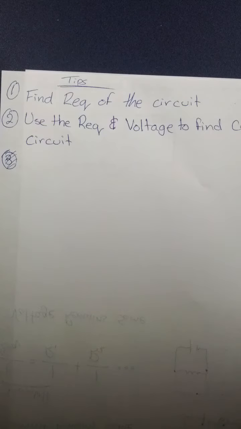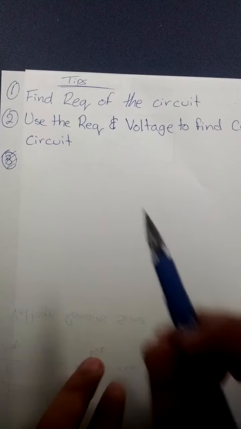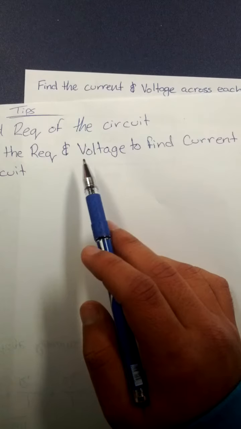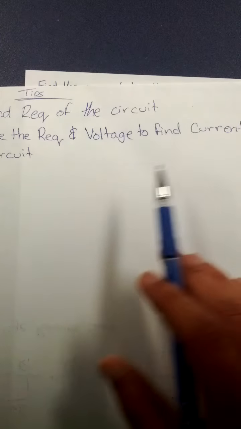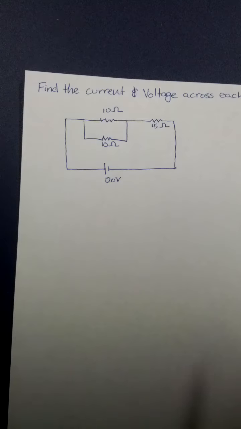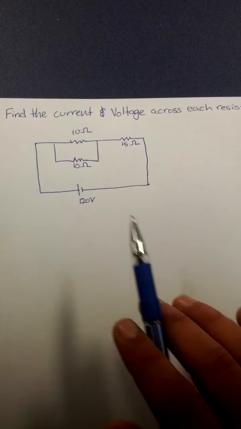That's going to be really useful because then, using that and the voltage from the battery, we can find the current of the entire circuit. I'll show you exactly how I do it, but that's basically what I'm trying to teach, how you would solve this.